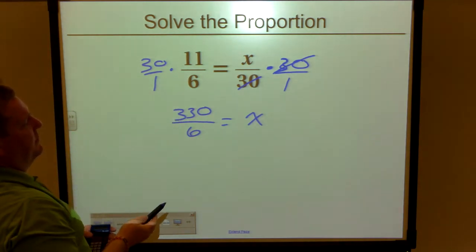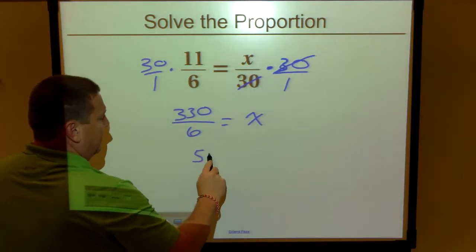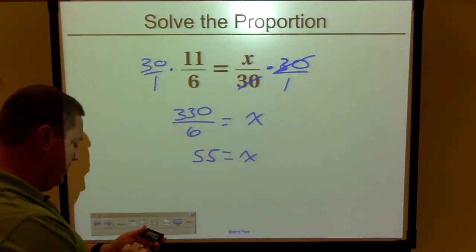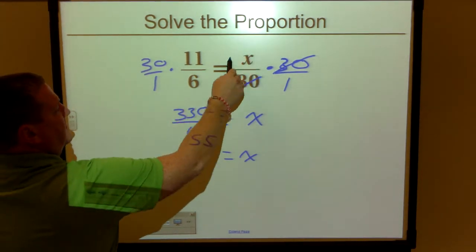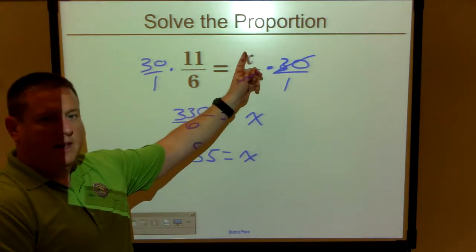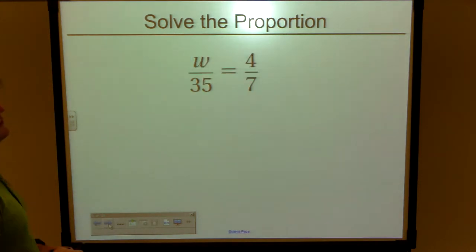Now go ahead and simplify that, and I believe that's going to be 55. So 330 divided by 6, just double check that. 330 divided by 6 is 55. So the value of x that makes this ratio equal to that ratio would be 55, and that's how we solve the unknown part of a proportion, at least until we show you how to do multi-steps.